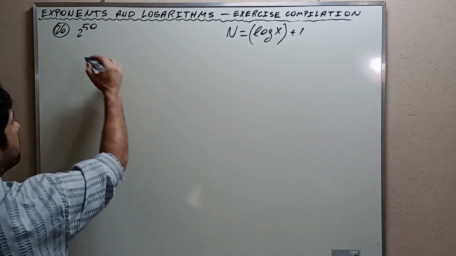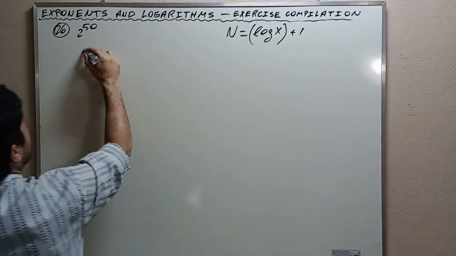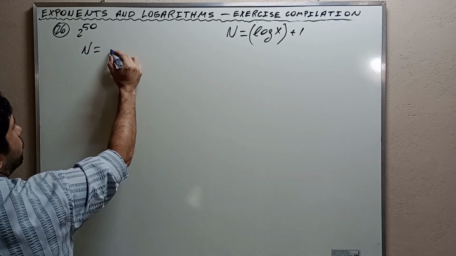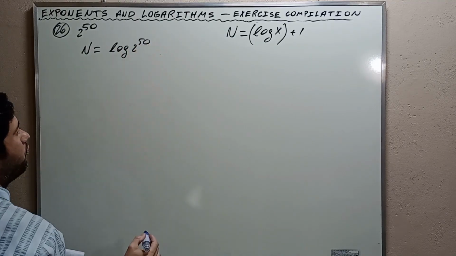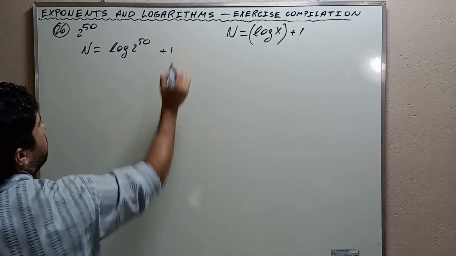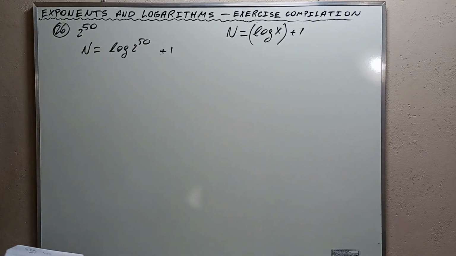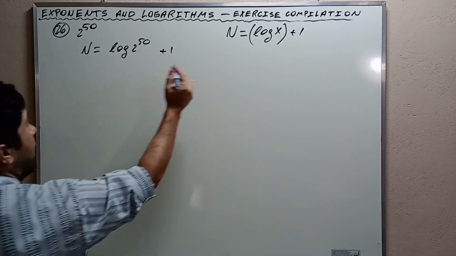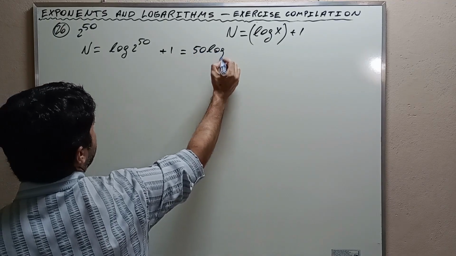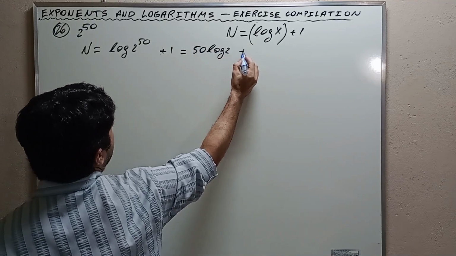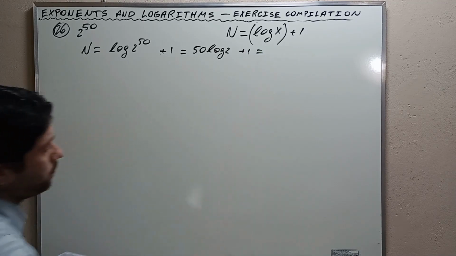Consequently, n is equal to the logarithm of 2 raised to the power of 50 plus 1. And using the power, we find that it is 50 times the logarithm of 2 plus 1, okay?